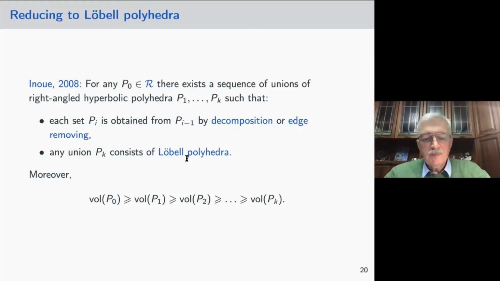So you can decompose your polyhedron monotonically to the simplest pieces. And for these pieces, we know volumes already. And we know the behavior of volumes, so the volume decreases according to this procedure.